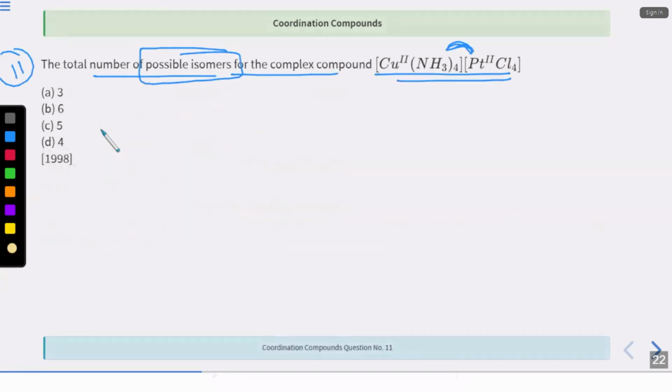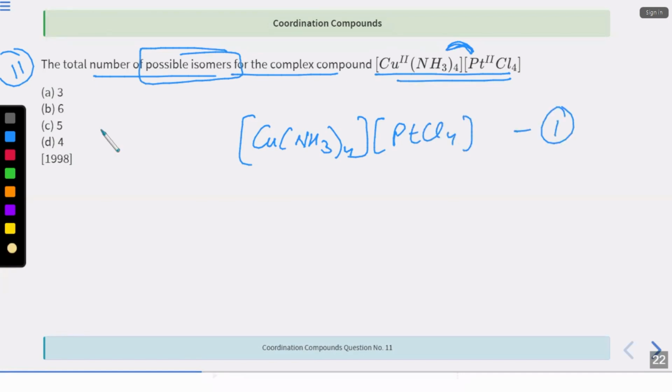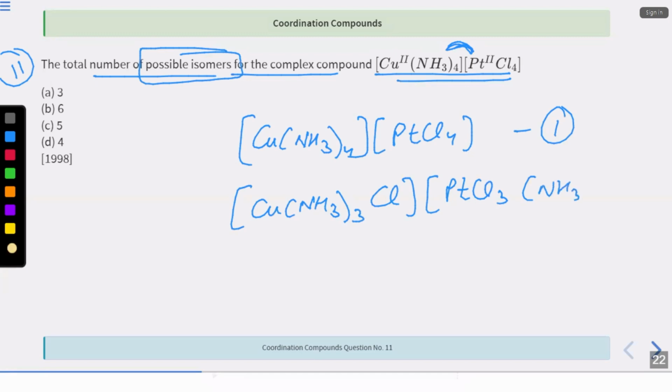Okay, let me draw it here for clarity. One is being shown here, [Cu(NH3)4][PtCl4]. This is first. Second would be [Cu(NH3)3Cl][PtCl3NH3]. This is my second. Then third would be 2 both sides.